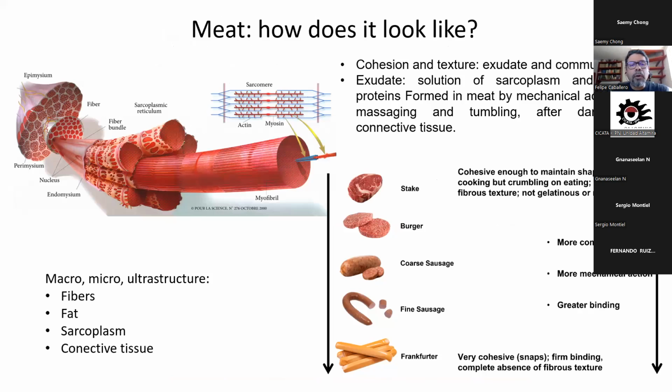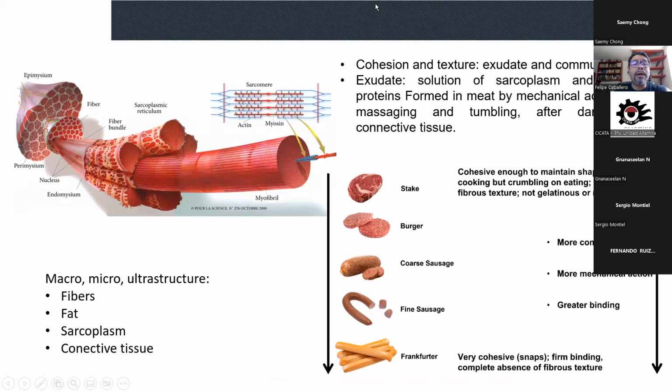But first of all, how does meat look? We have discussed meat-like analogs, plant-based meat analogs, but how does the meat look inside? This is a large-scale scheme of the meat cut. This is the macro structure.